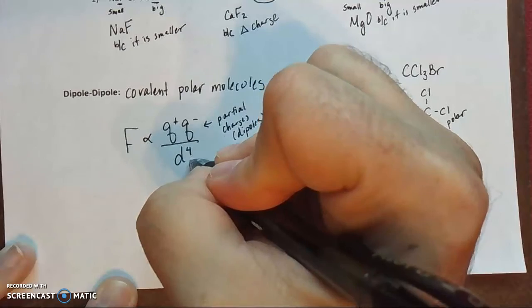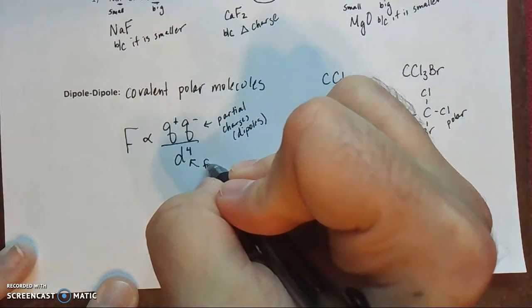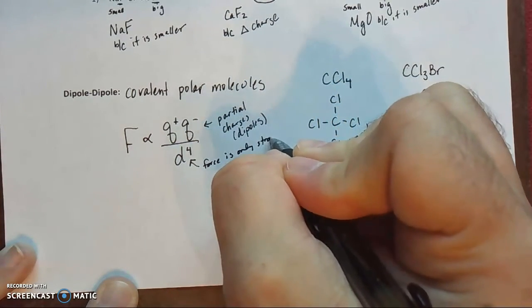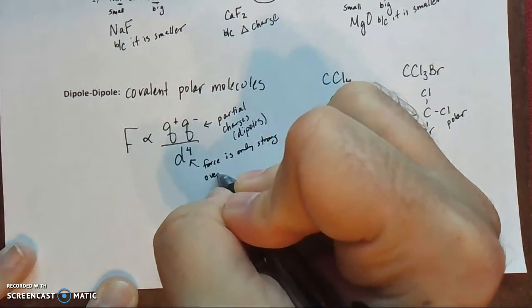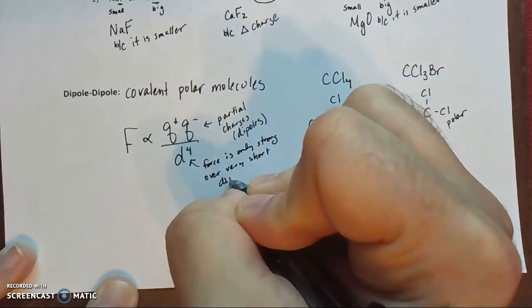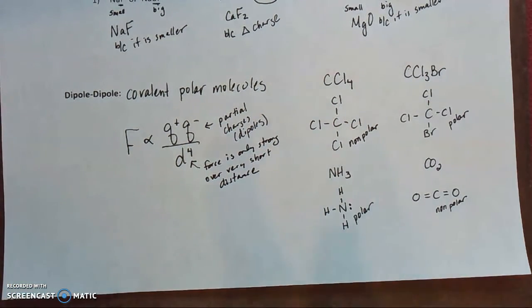And if you look here, D is to the fourth in the bottom. What that means is the force is only strong over very short distances. So this intermolecular attraction between covalent polar molecules is only over a very, very short distance. So they have to be really close to one another for this to grab hold.